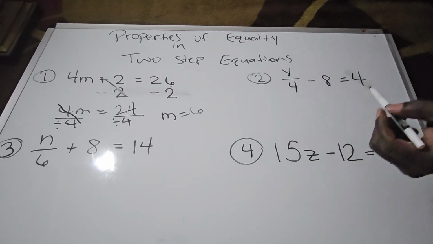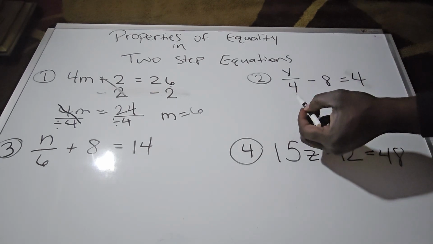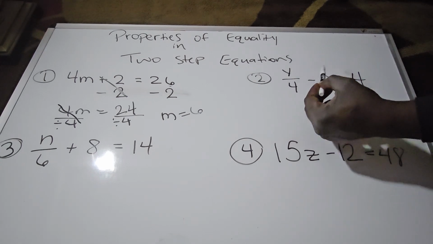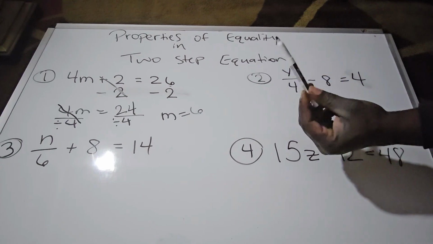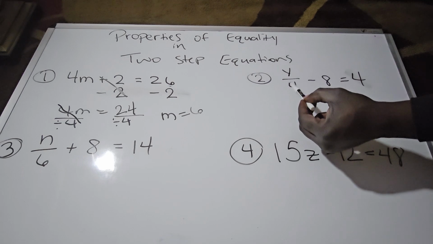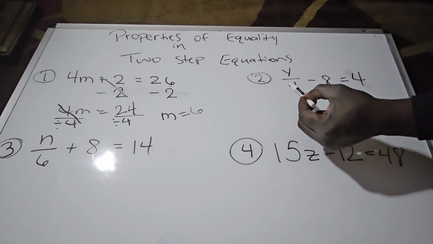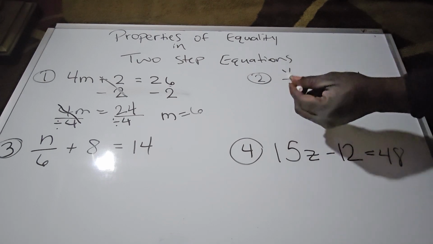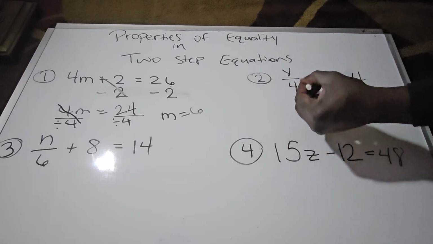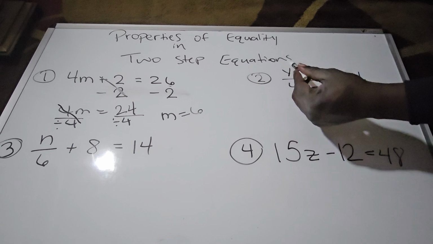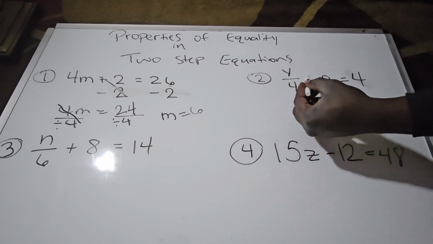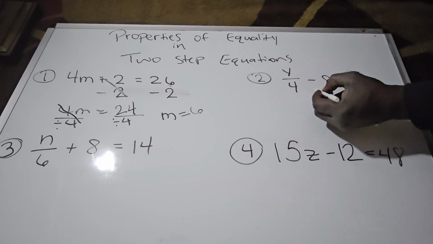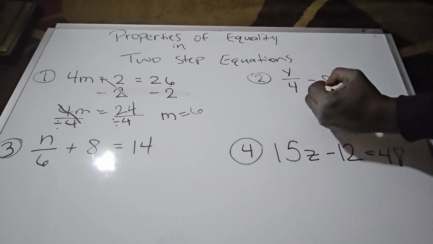Now, number two, we have a subtraction problem. We have y over 4 minus 8 equals 4. Now note, y over 4 is the same thing as saying y divided by 4. Now just like in number 1, we have to get y over 4 by itself in this first step of this two-step equation. So since this is subtraction, we're going to add 8 here.